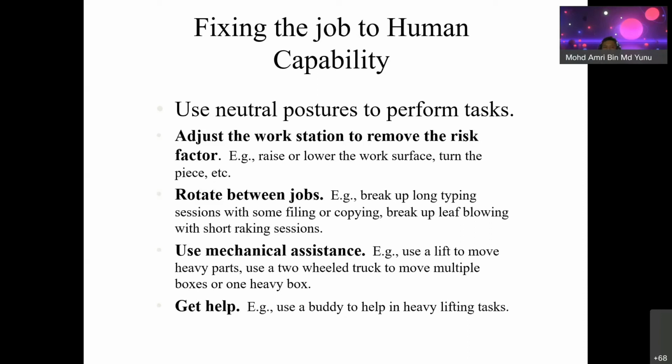We try as best as possible so that the user can maintain a neutral posture while performing tasks. For example, an exoskeleton can help people lift heavy objects and reduce the strain on their body or back. And also adjust your workstation to remove the risk factor.